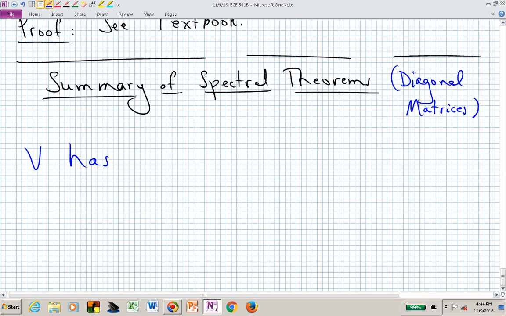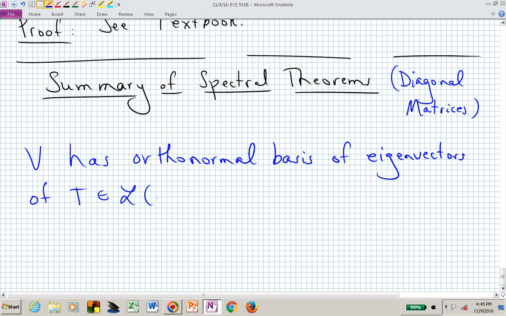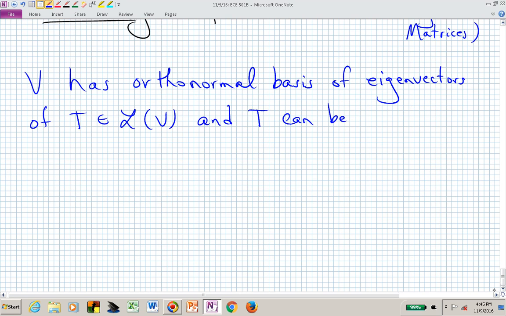The inner product space V, whether that's complex or real, has an orthonormal basis of eigenvectors of the linear operator T, and so here is the combination of the last two equivalent statements in the earlier complex spectral theorem and real spectral theorem, and T can be diagonalized.